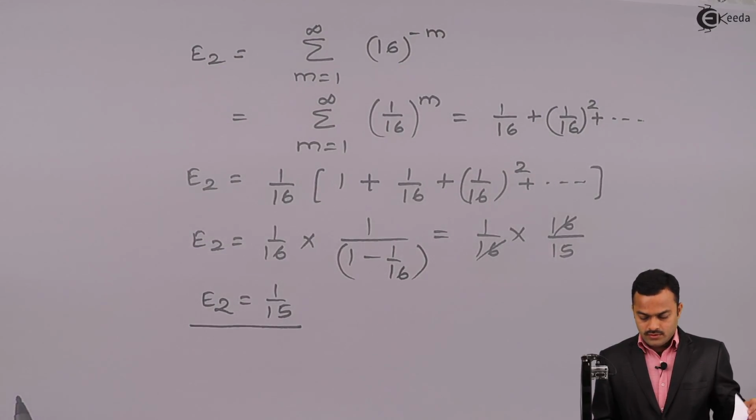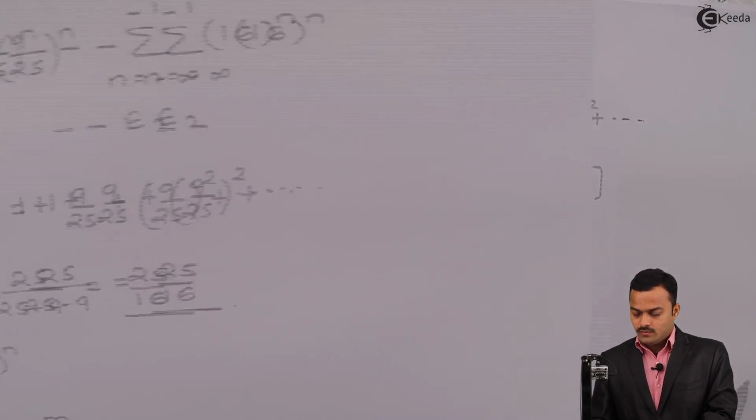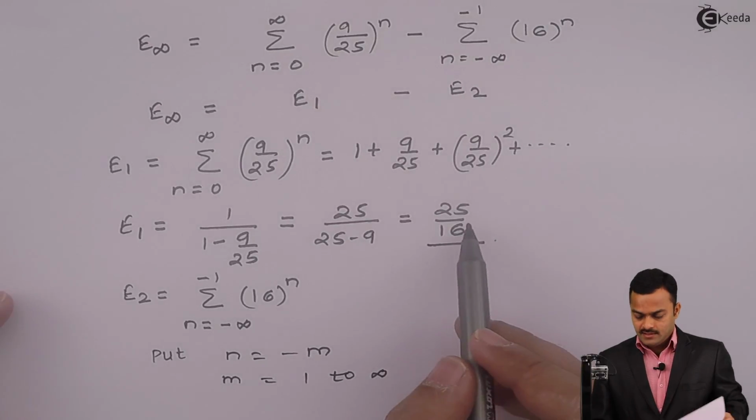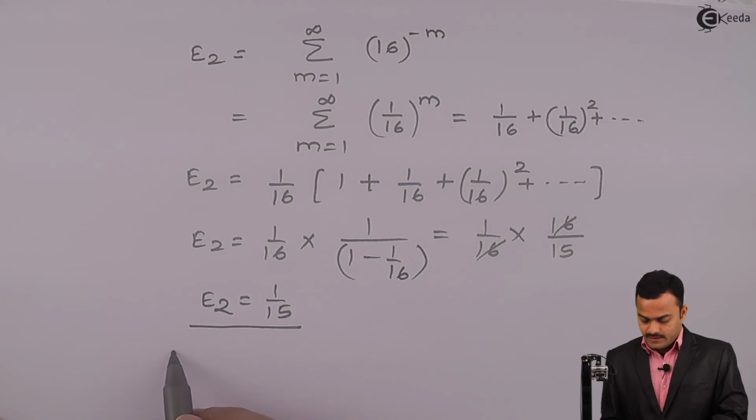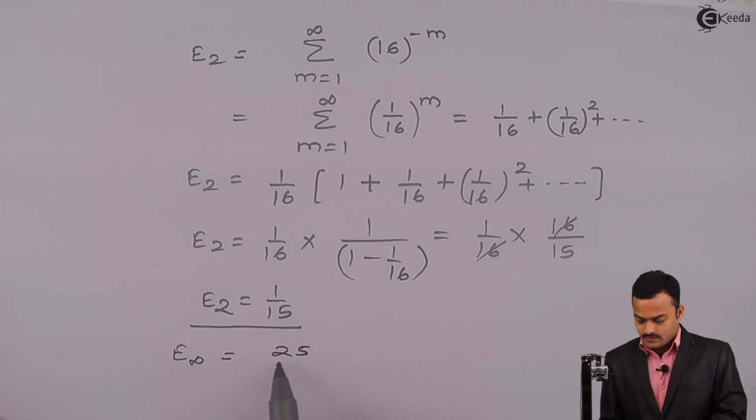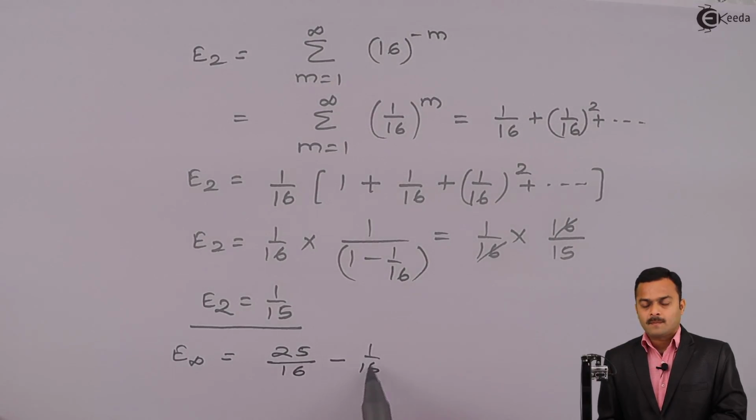So we got energy 1 as 25/16 and energy 2 as 1/15. In the end E infinity will be 25/16 minus 1/15.